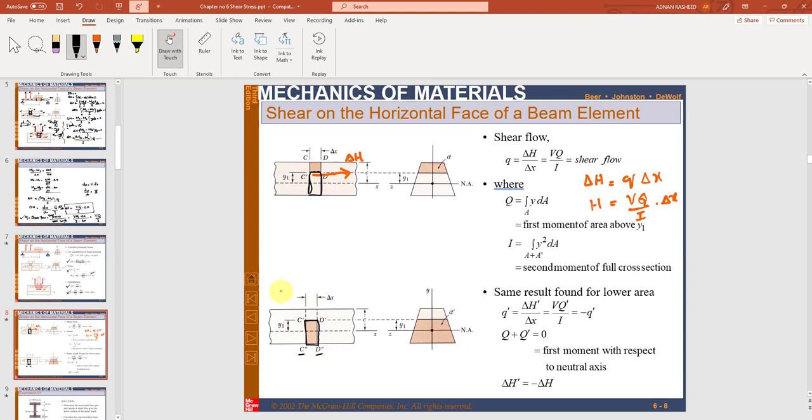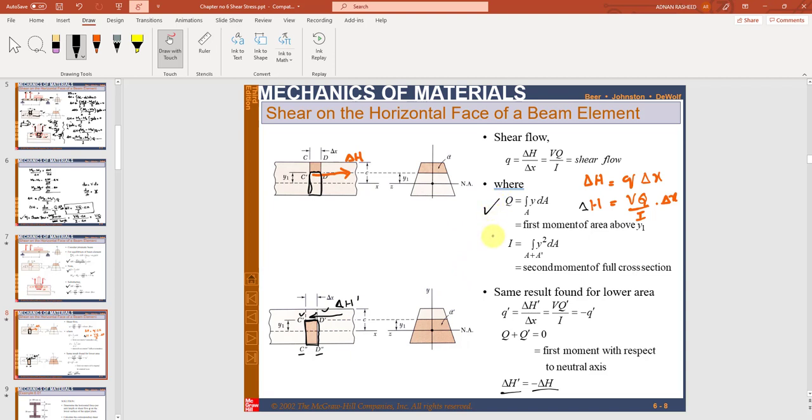You will come to know that the same horizontal force is represented here as delta H. So on this face C dash D dash, the same horizontal shear force will be acting, but in the opposite direction, and this will be delta H dash. So delta H dash will be equal to minus delta H. They are the same, but only the direction will change.